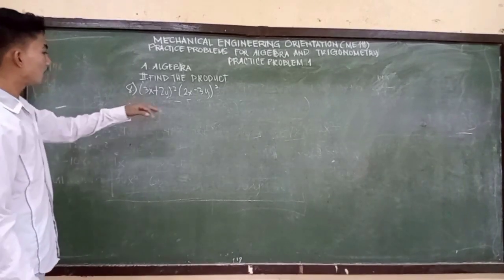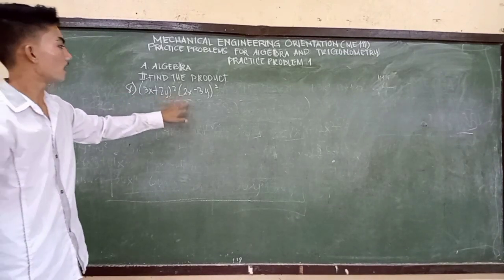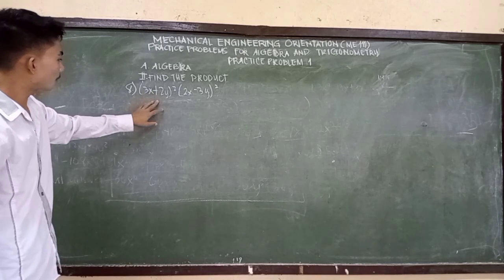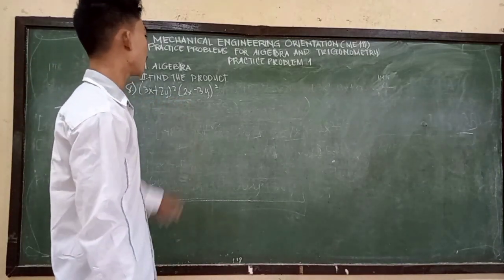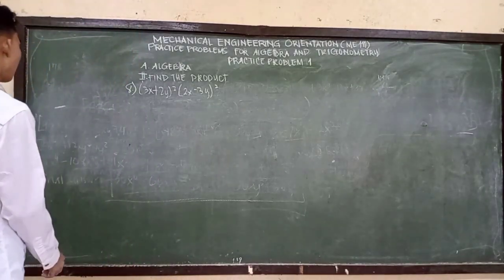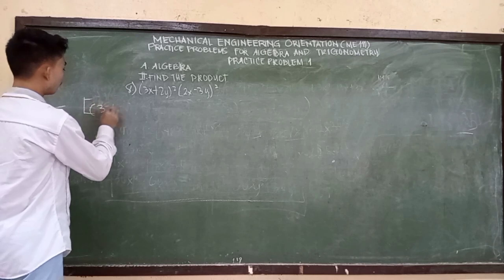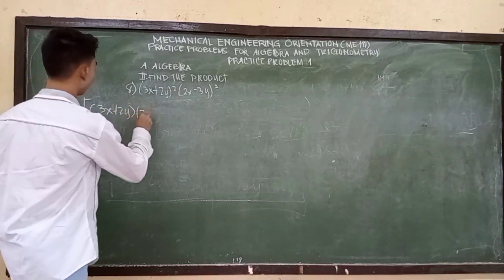Now we are at our number 8 problem, and still we are going to find the product of these equations. 3x plus 2y squared times 2x minus 3y squared. So first we will have some bracket to multiply 3x plus 2y with itself.